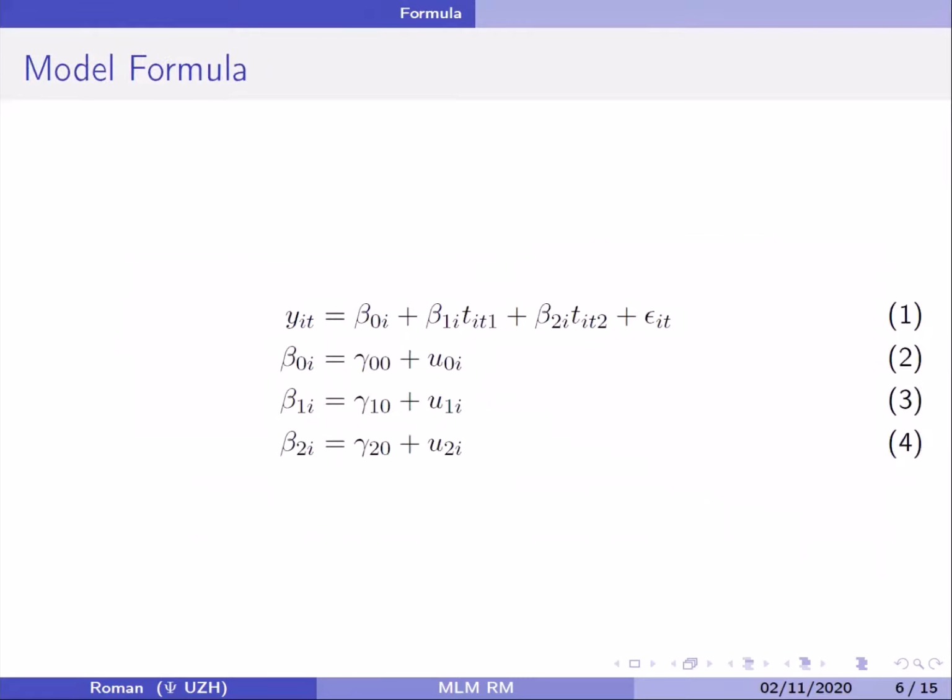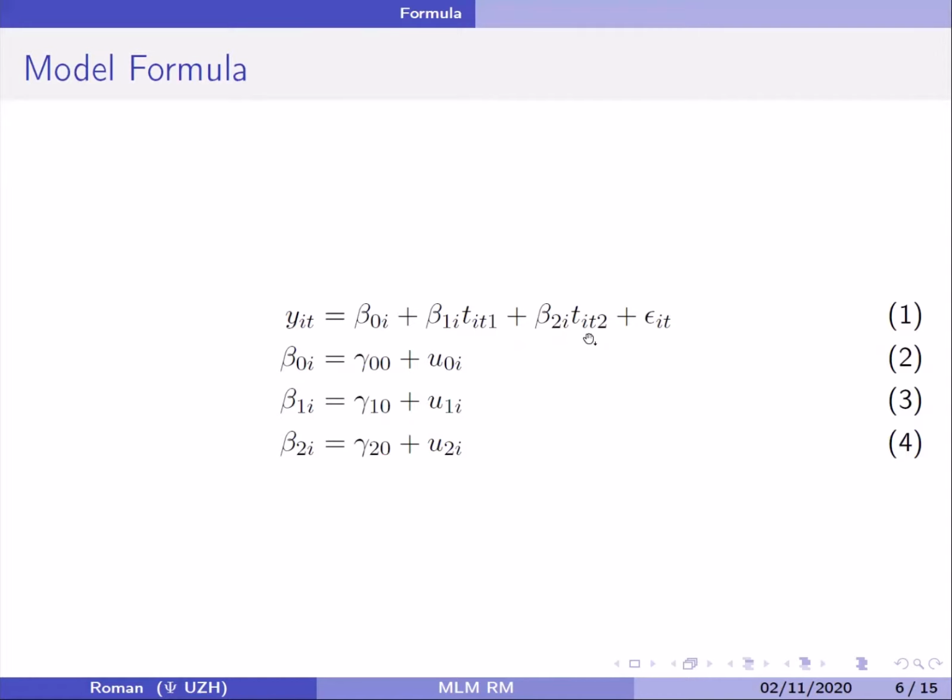So the model formulation is not much different from what we've been working with. Here we have a situation where we have a random intercept, a random slope of the first slope, and a random slope of the second slope. And so in this formulation here, I have T_i1, and this would be a time variable, which is dummy coded for the first time points.